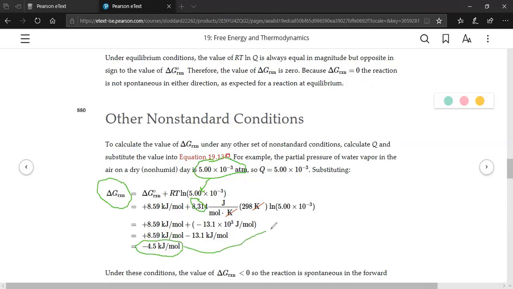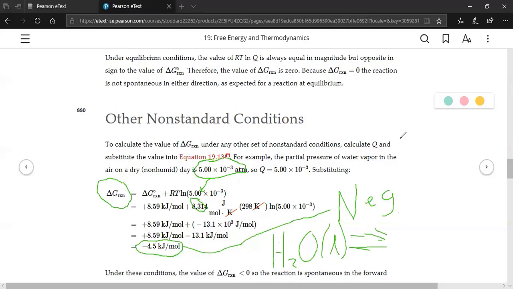Okay, so if I'm looking at a delta G that's negative, what does that say about the process that they're considering here? The process of H2O liquid going to, or in equilibrium with, the vapor.